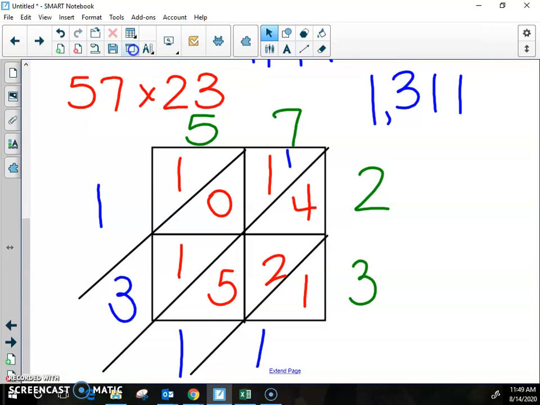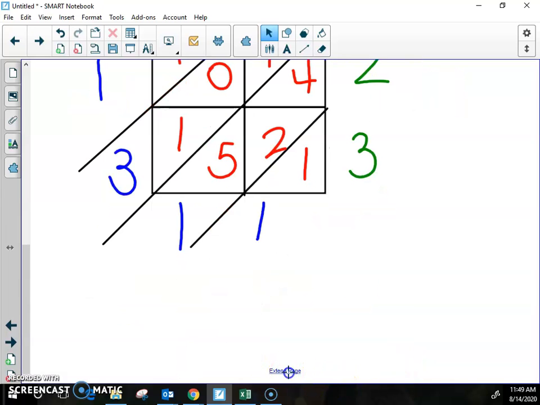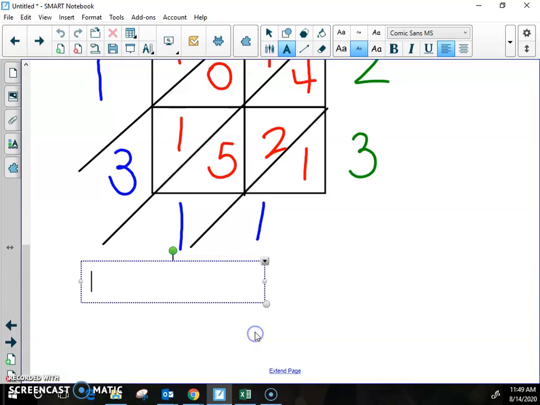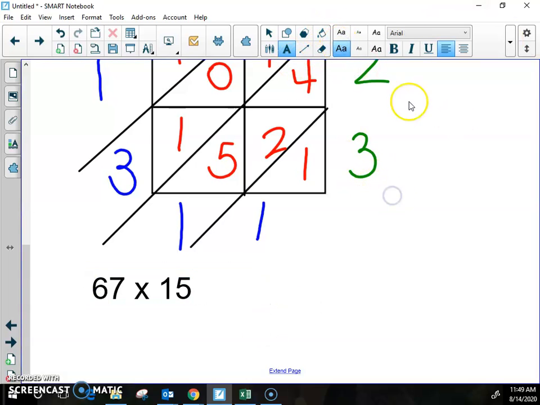Are there any questions on how to use this strategy? I'm going to give you another problem. I want you to do it on your own at your desk. Using this strategy. Go ahead.